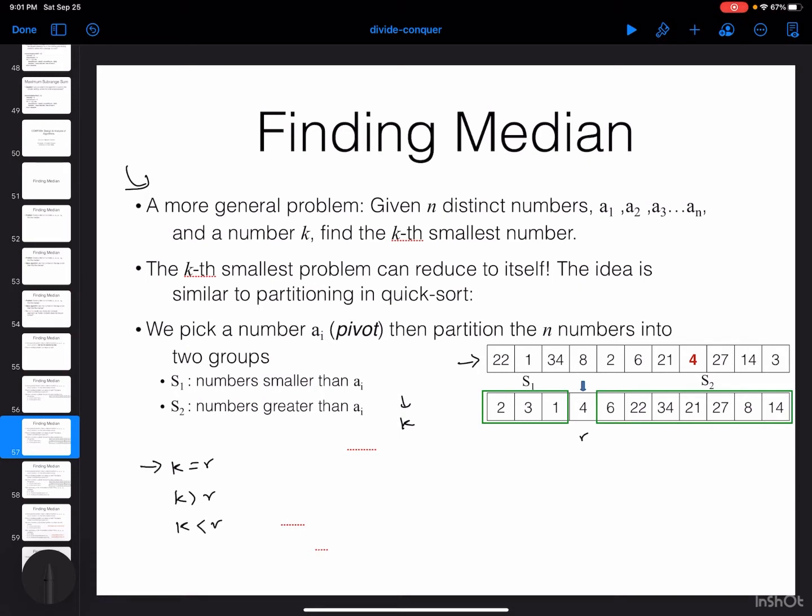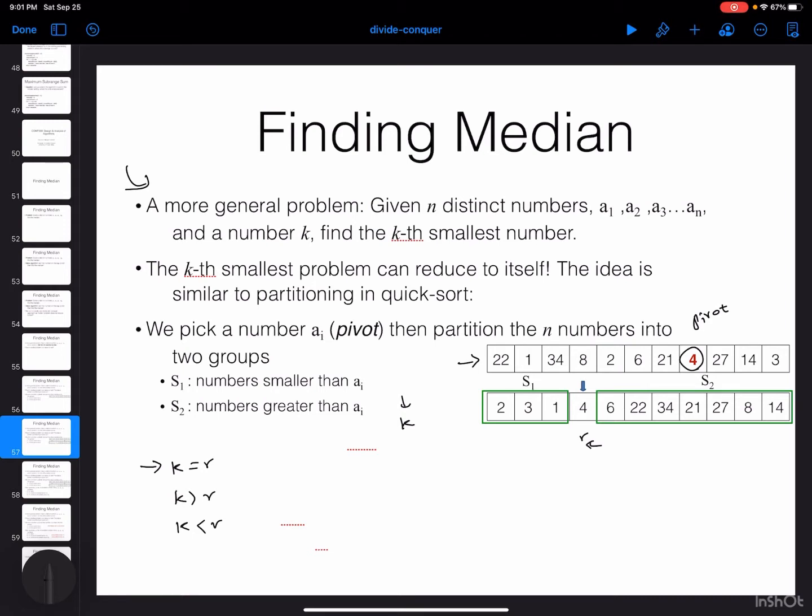If the rank k is equal to r, what would happen? The rank r is the rank of that pivot value that we chose randomly. So if we are looking for, for example, the fourth smallest item, and the rank here happened to be fourth, it's just by chance that the rank and the actual pivot value are the same.